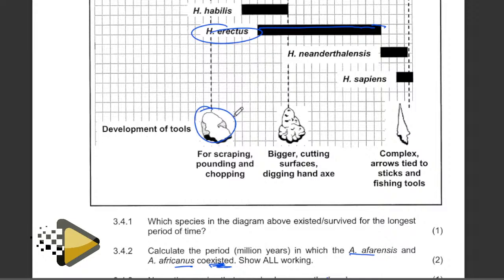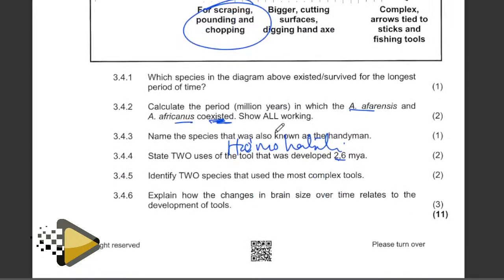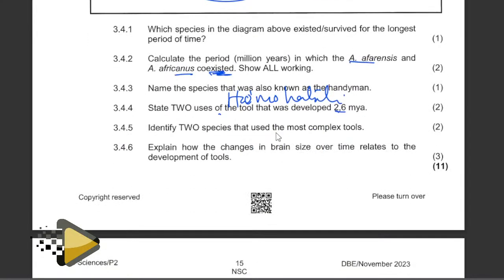So what is it? You just copy from here, because they said this. So there is no cramming there. Then we got the answer there.